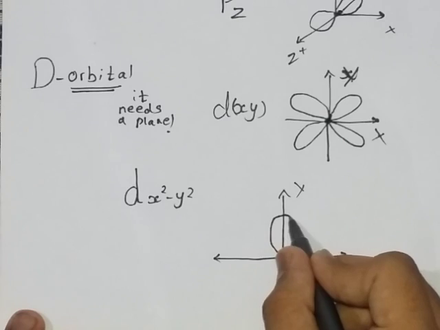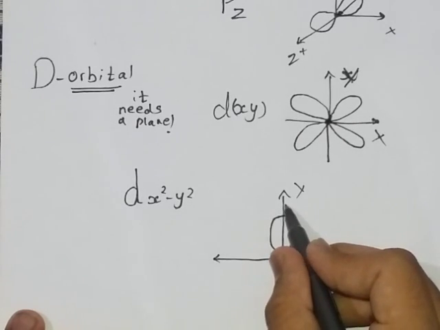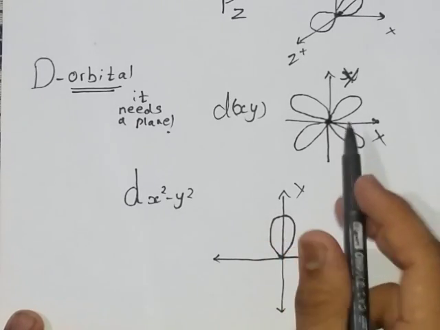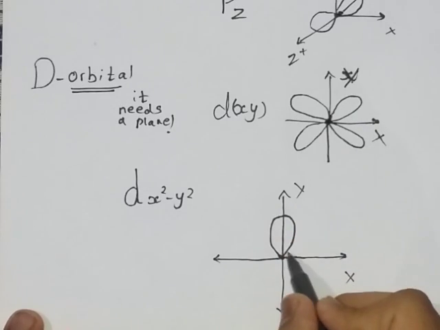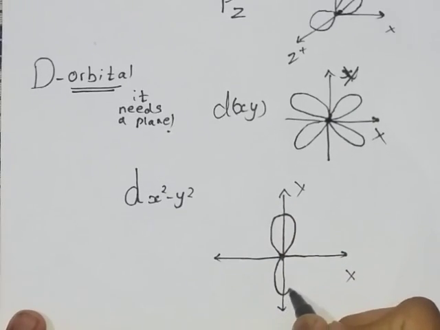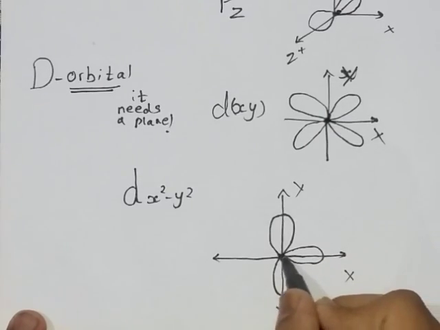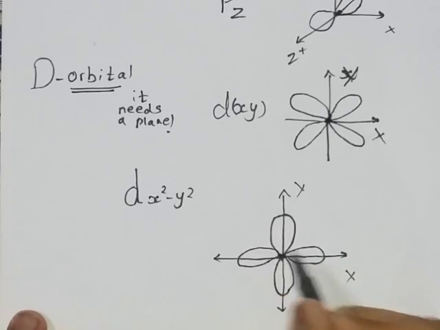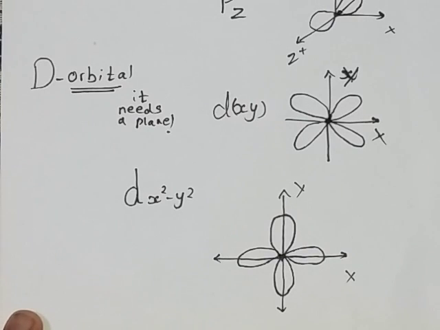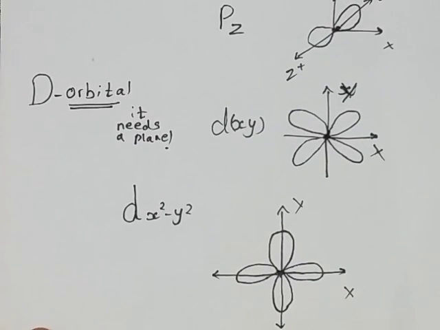See, the petals, the axes of the petals are along the axes. Here it is like this, and the x square minus y square is like this. So the s, p and d orbitals were very much the same.